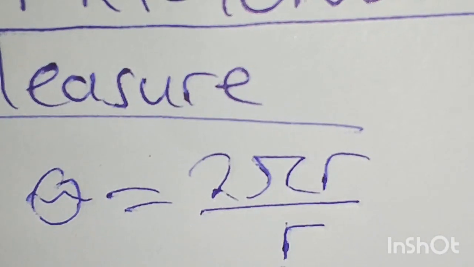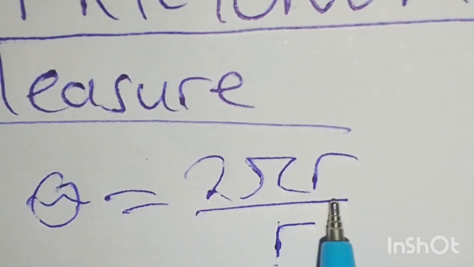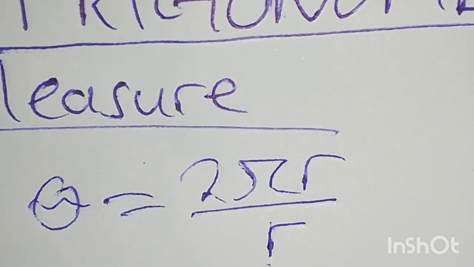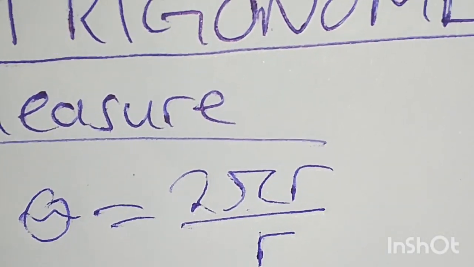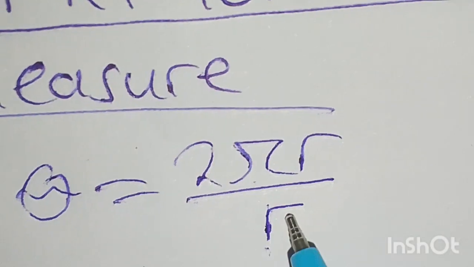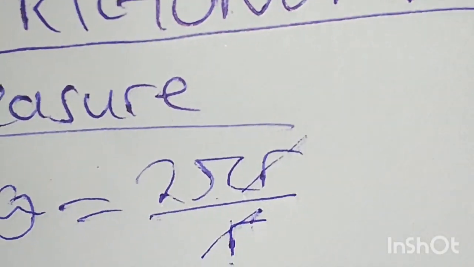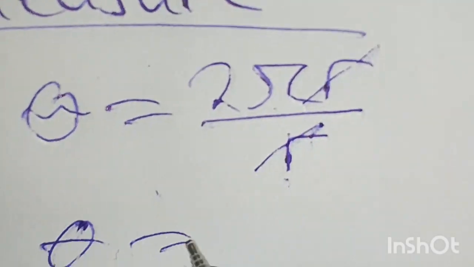This r is this straight r here. Then 2 pi r is from this same entire circle, given by the formula 2 pi r. So we cancel this r, and therefore theta is just equal to 2 pi.